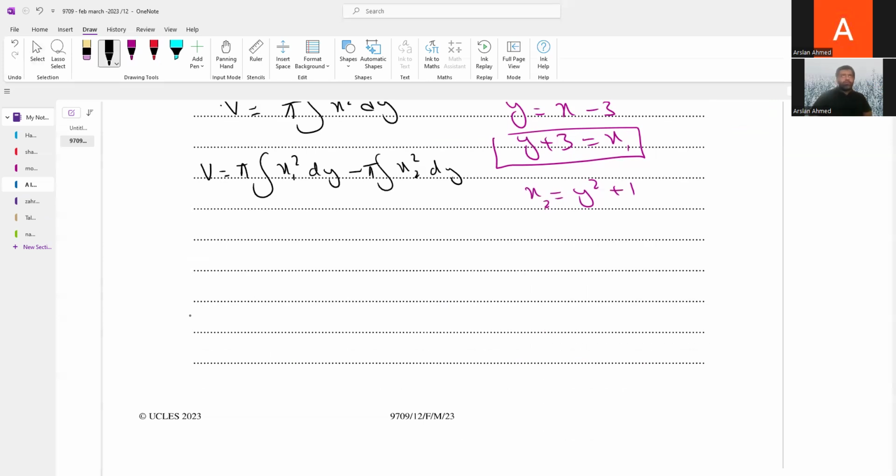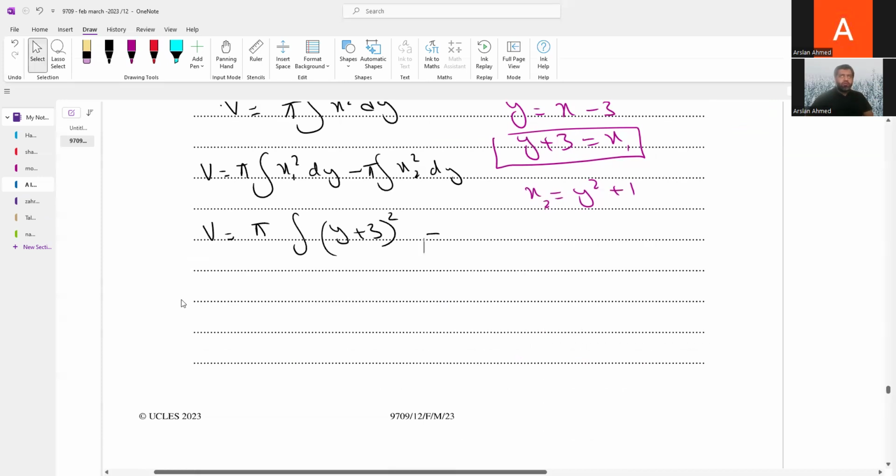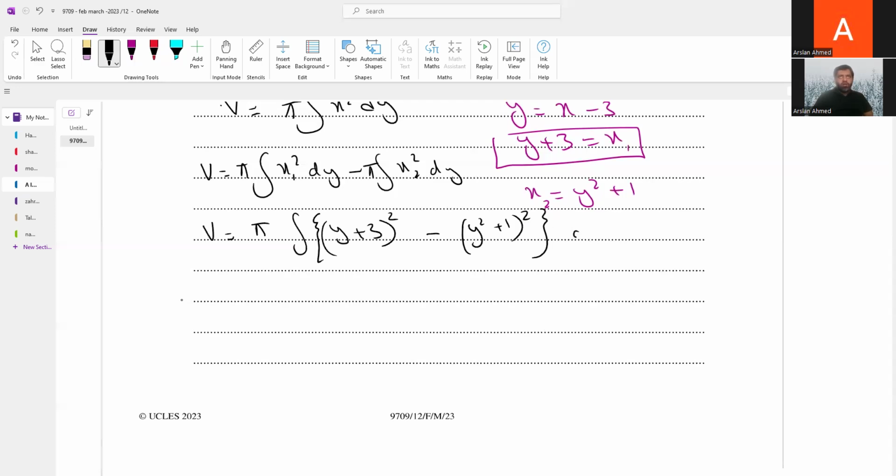This could be written as volume equals pi times the integral of (y plus 3) whole squared minus (y squared plus 1) whole squared dy.